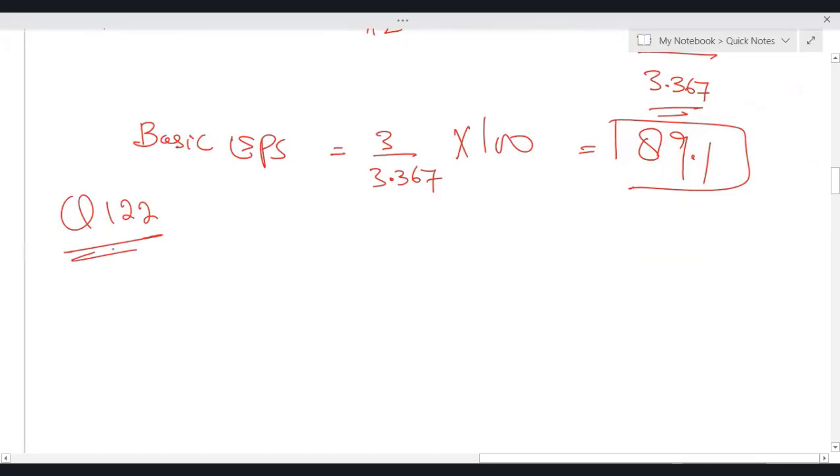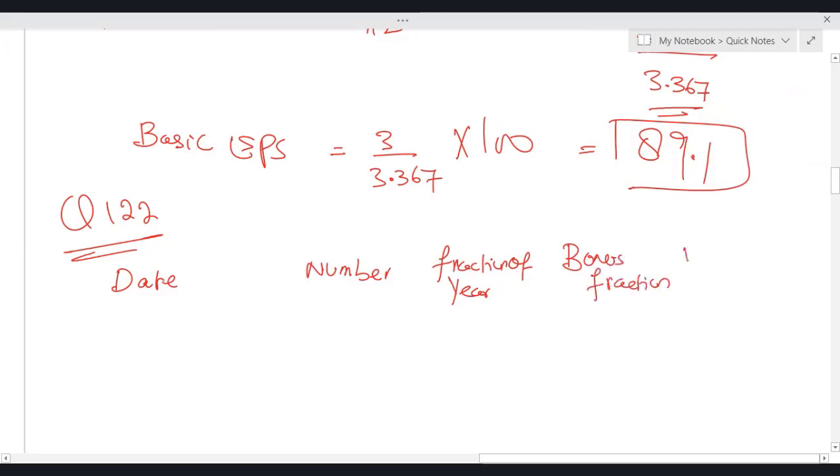Obviously, first we need to calculate the weighted average ordinary shares. So date, let me take the number, fraction of the year. Then simply take the bonus fraction. You will get the weighted average.